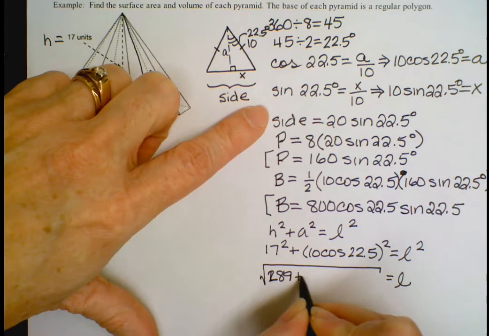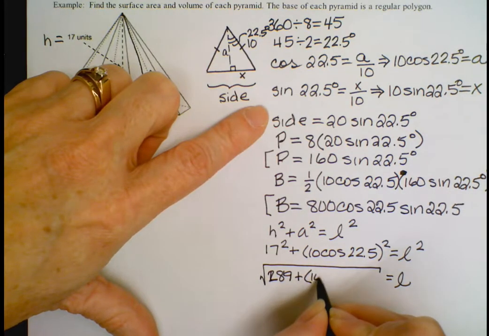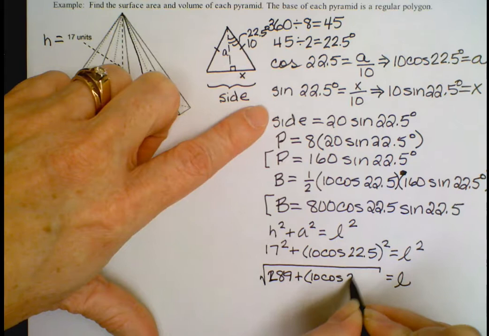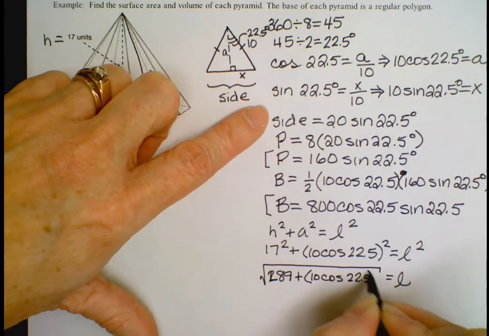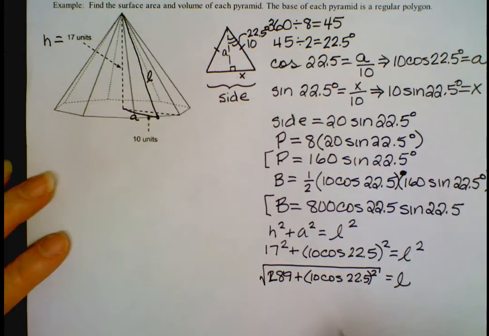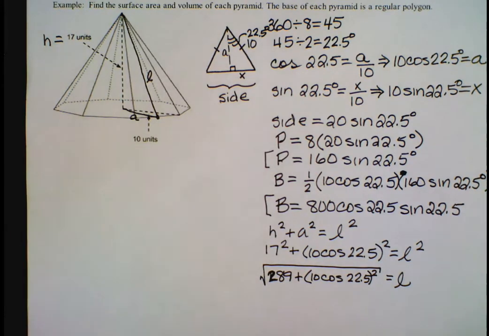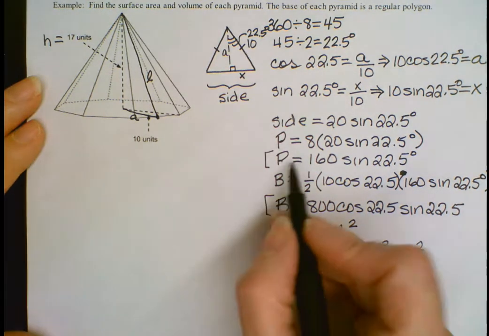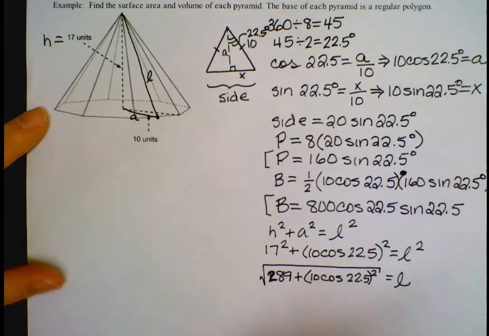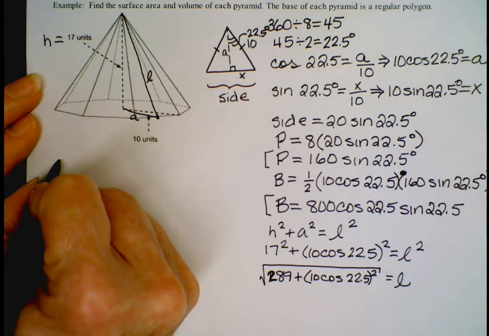Now I went ahead and squared the 17. You don't necessarily have to do that. You could leave it as 17 squared if you so desired. That's our 289. Alright, so in this case we now have B, P, H, and L. And we're ready to find the surface area and volume.